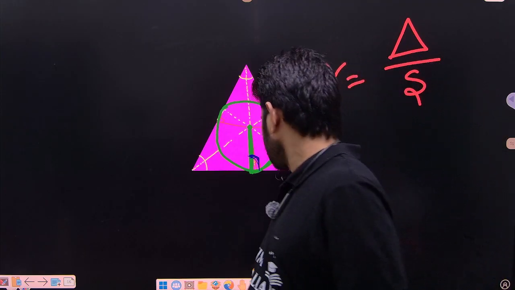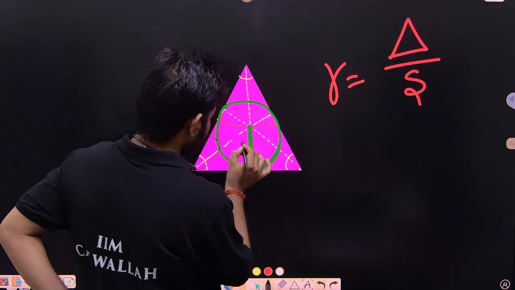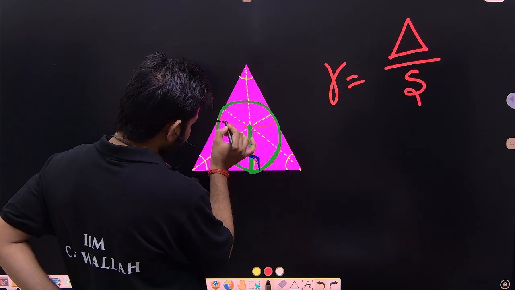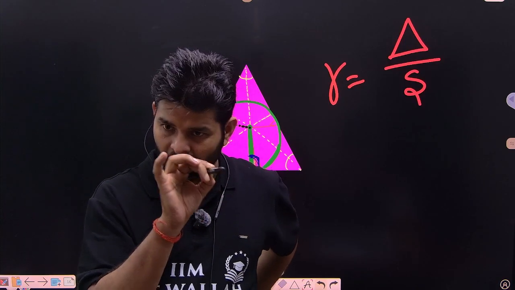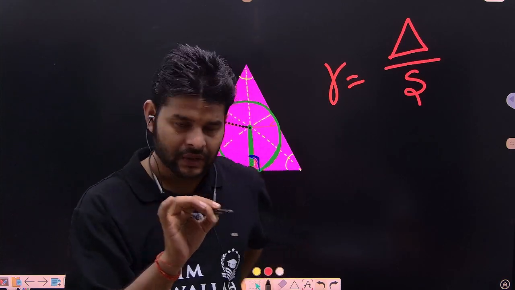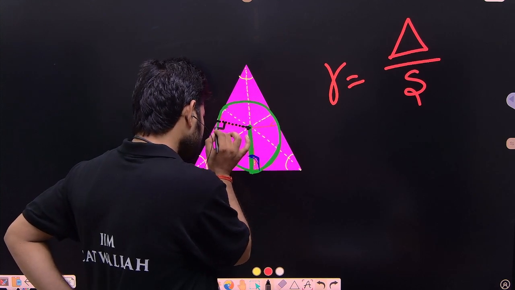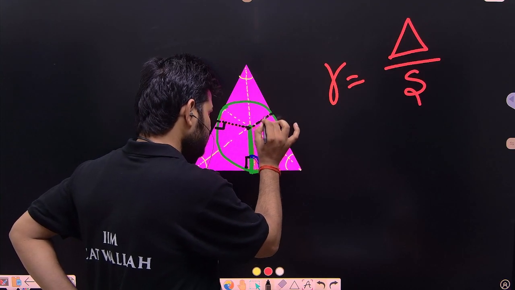What this point is explaining means, if you draw a perpendicular on the sides of the triangle from this point, on all the three sides, then this is 90, this is also 90.